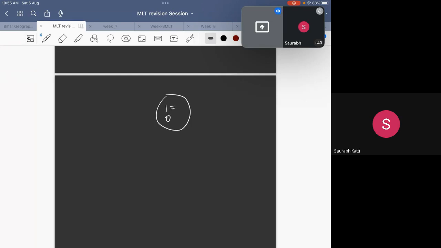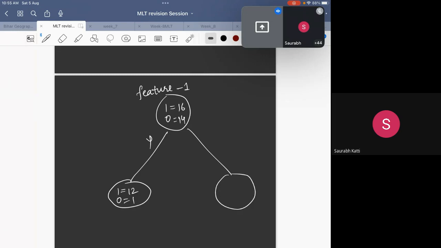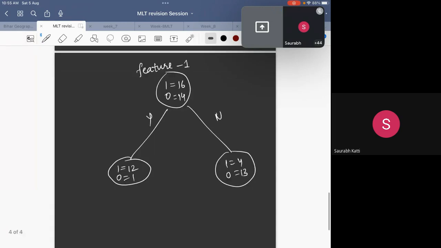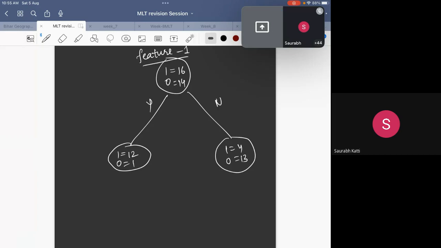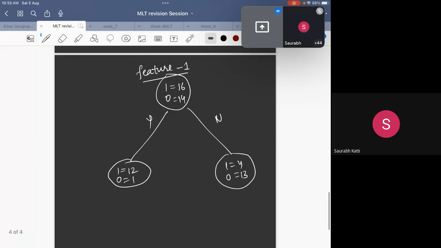Class 1 value was 16, and this is some feature 1, and class 0 is 14. Then this is some question q1, and on that basis, if the answer is yes, it comes here, and here class 1 will be 12 and class 0 is 1, and here for no, class 1 is 4 and class 0 is 13. Okay, so can you calculate the information gain for this case?